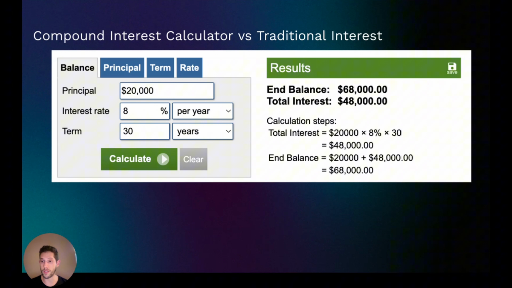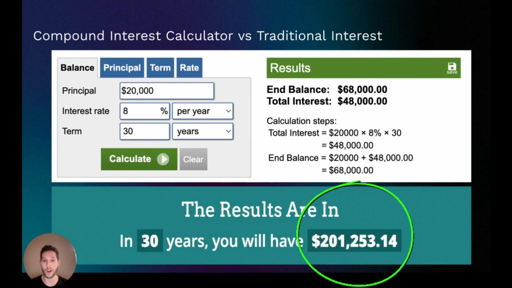Now, would anyone like to guess where we will be with compound interest accounts in a 30-year period? Over $200,000. So it is a substantial jump because we have allowed time to really exponentially grow the account for compounding to do its magic.